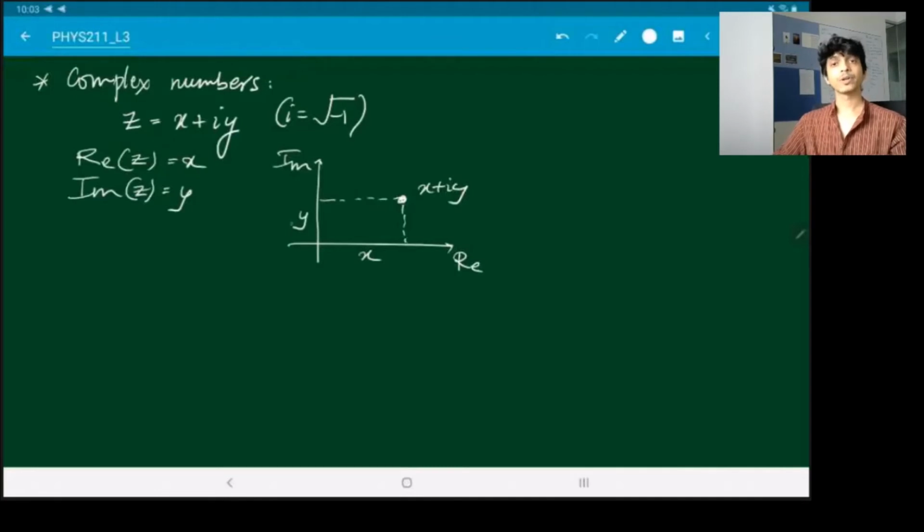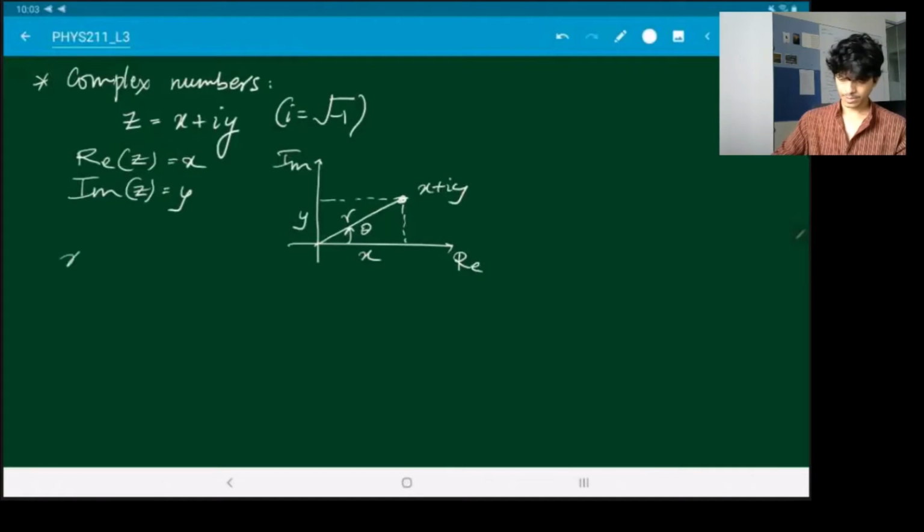Now, of course, you can also represent a complex number in polar form. So we define the distance of this complex number from the origin as r, and the angle that it makes with the x-axis as theta.